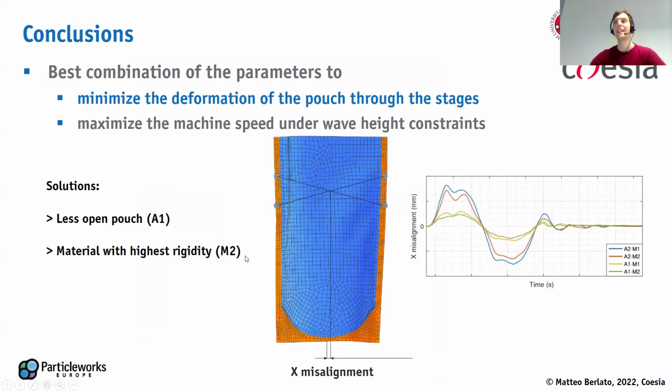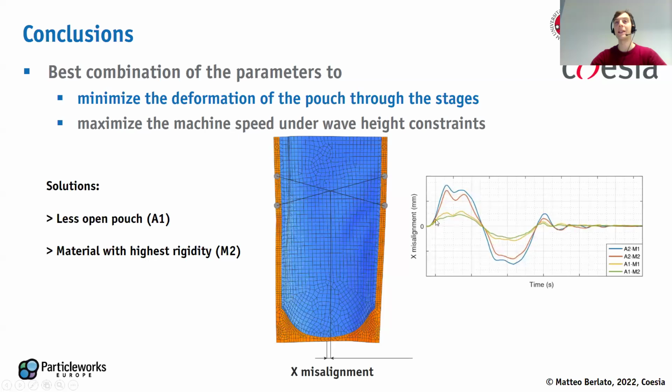So yeah, in terms of design improvement, as mentioned, the first point was to understand how the pouch configuration, so the container, can impact the forces and the deformation of the pouch itself during the moving stage. Okay, they could test different shapes, initial shapes of the pouch, as well as material rigidity.